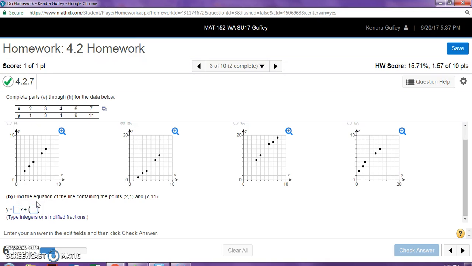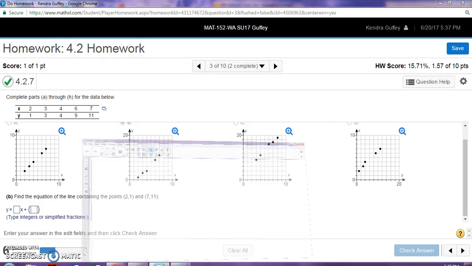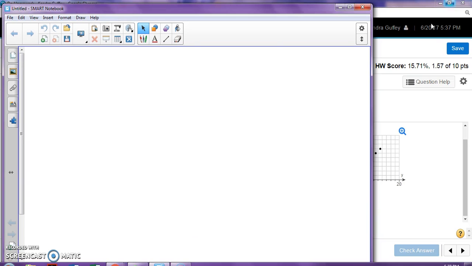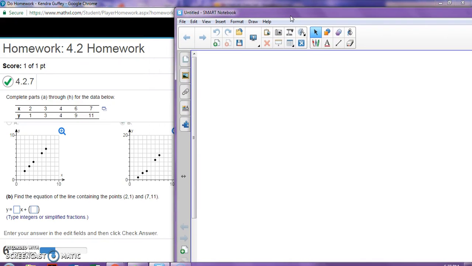The next thing we would do is find the equation of the line containing the 2 points. So what we're first going to do is just pick 2 points, say the first and the last one, and find the equation using those 2 points. So I'm going to come over here to a blank piece of paper, so to speak. And so I have my 2 points here.